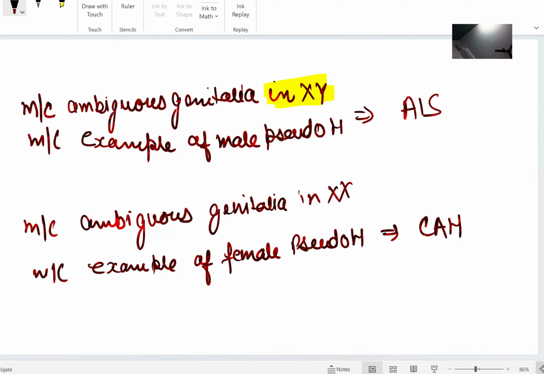Yes, it is in the XY genotype. It is androgen insensitivity. And what is the most common example of male pseudohermaphrodite? Androgen insensitivity.